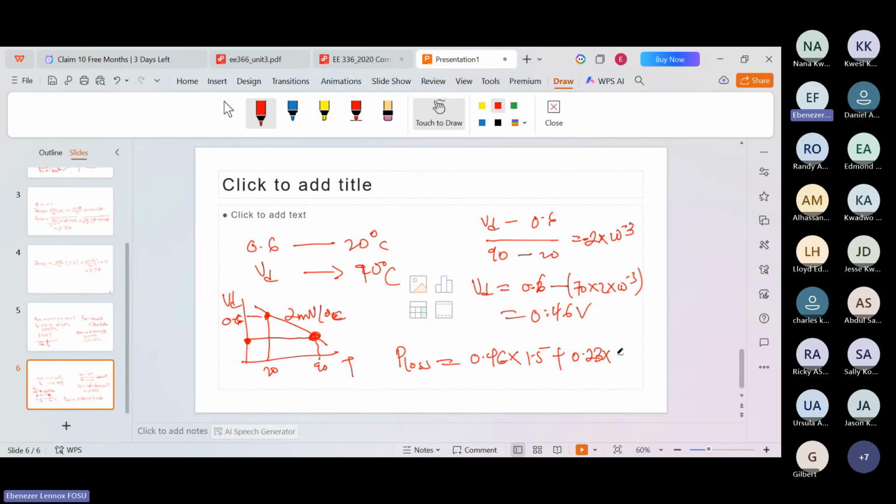The RMS current is given as 2.81. We square that, and that gives us the conduction power loss of the IGBT.